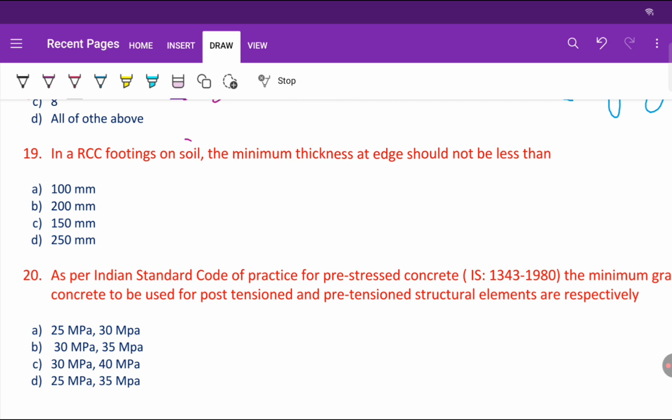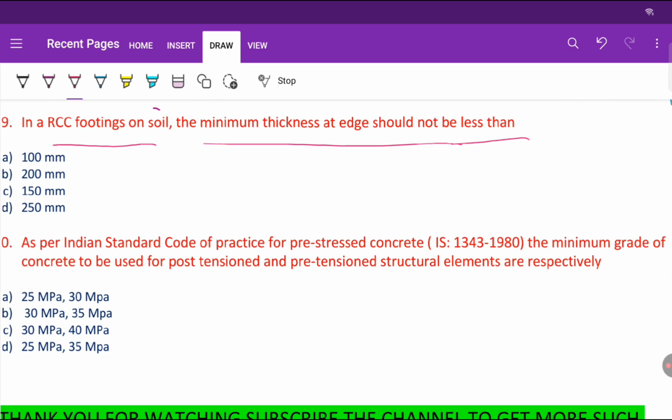The next question is: in an RCC footing on soil, the minimum thickness at the edge should not be less than. Let us draw a diagram.